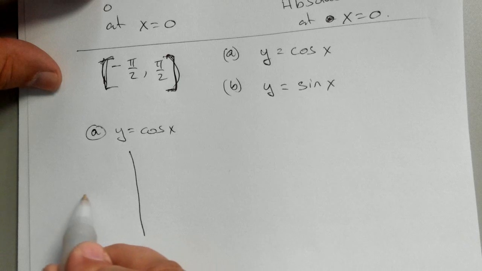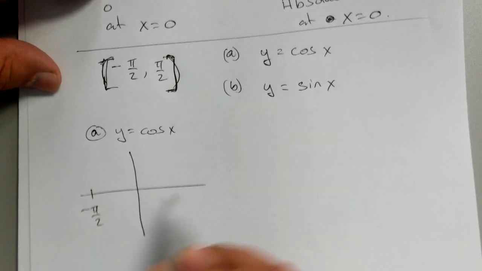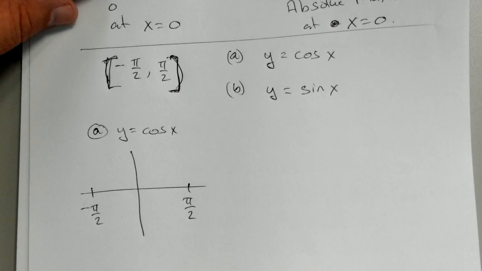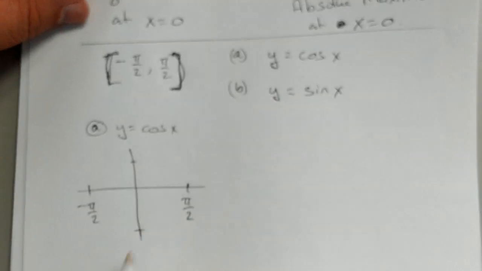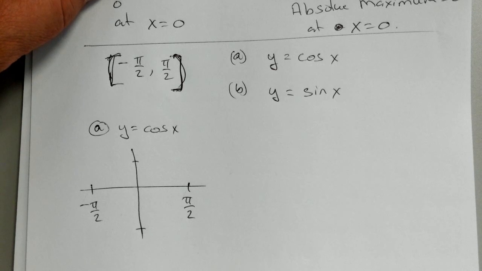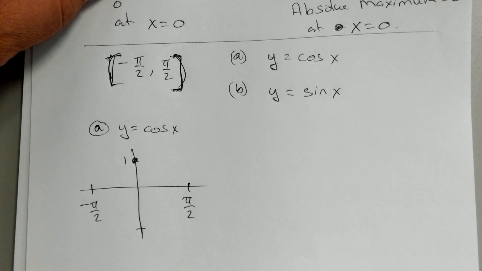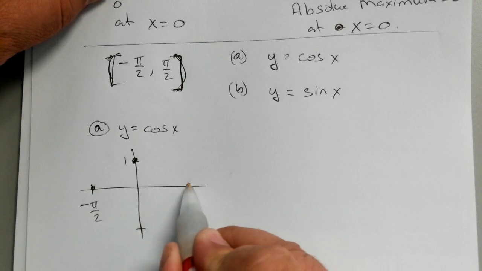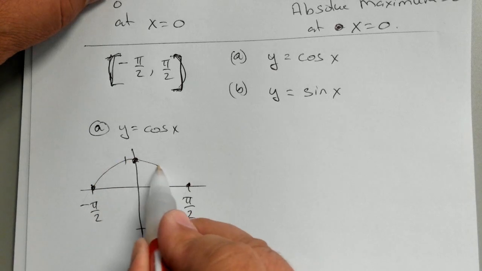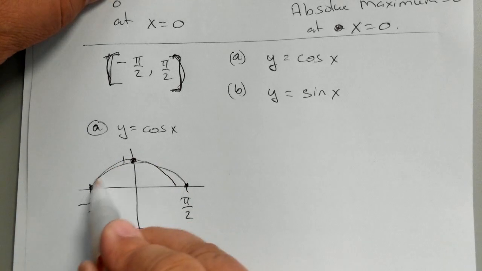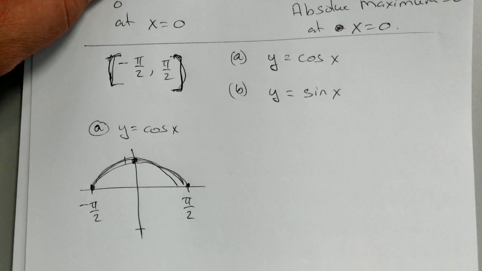What is the graph of cosine from negative pi over 2 to pi over 2? What's the graph of cosine look like? Right. When x is 0, cosine is 1. At pi over 2, what is cosine? So there's that graph of the cosine function.